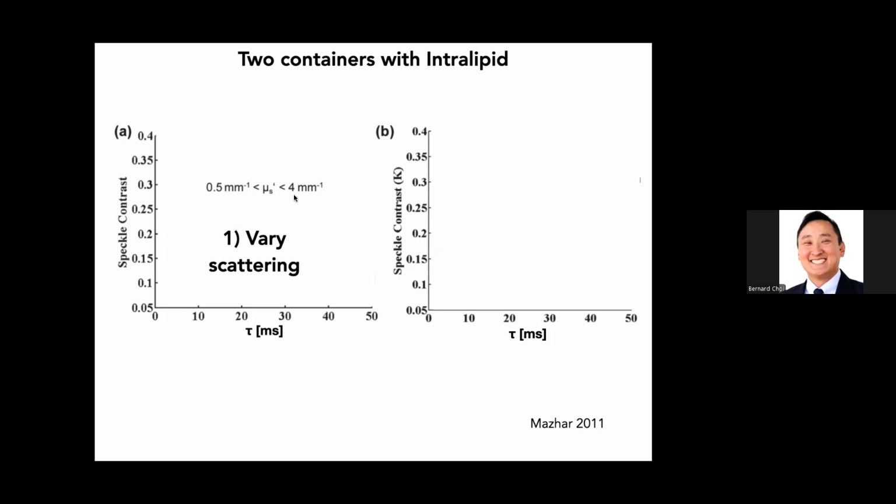So this is the range of reduced scattering coefficients, or change the absorption. I don't think this was nigrosin; I think this was just dilution based. I don't remember off the top of my head. In an ideal world, if I change the scattering, contrast wouldn't change. Sorry, this isn't supposed to be tall.